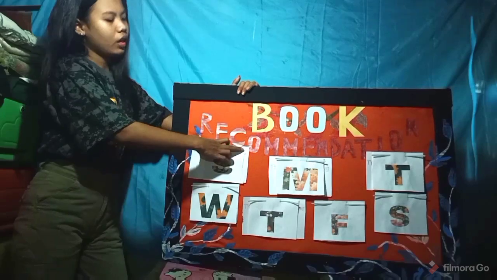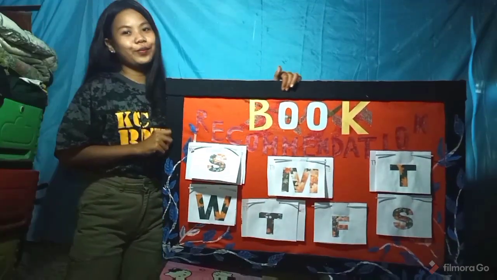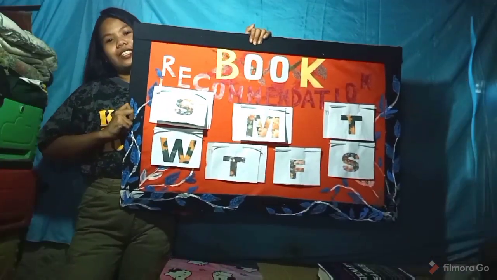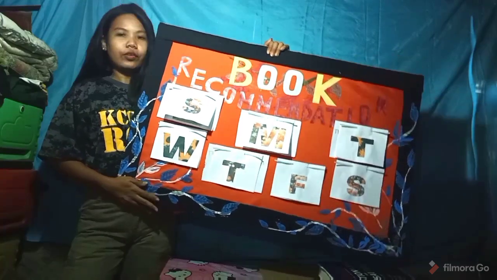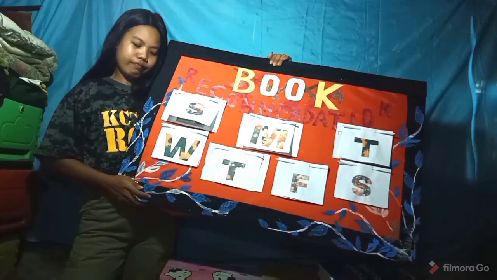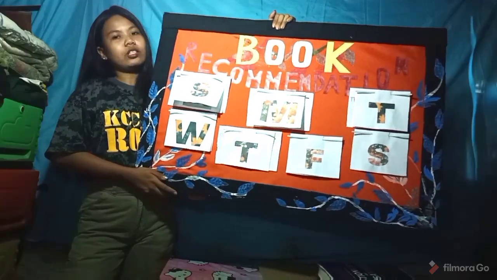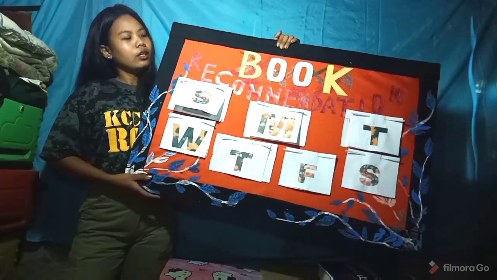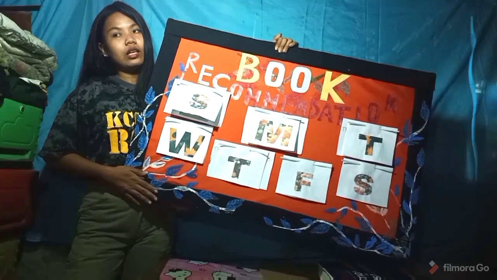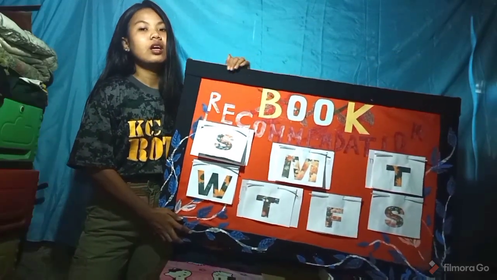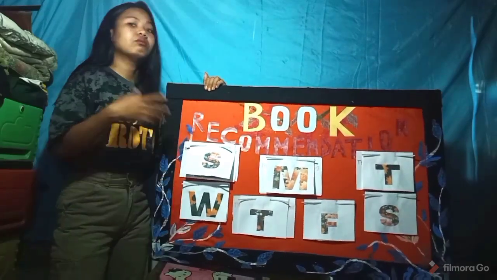Next is the design of my bulletin board. I just put a design at the corner of my bulletin board, which is the vine and the leaves. Why vine and the leaves?